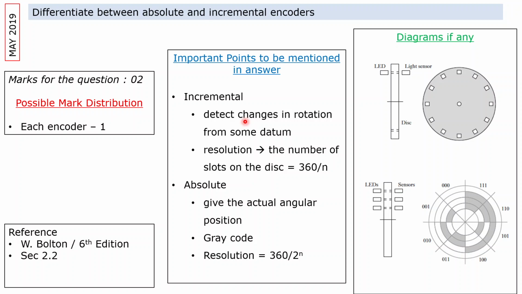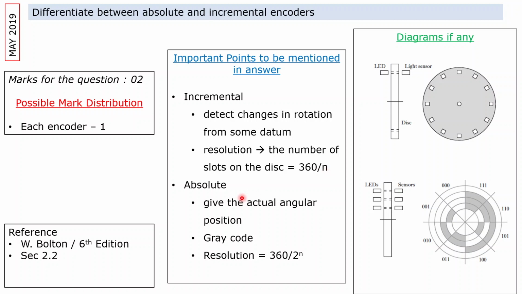You can see the incremental encoder with a series of slots, and there is a home slot near the center. That is called the datum position, and with respect to that it gives how much the wheel has rotated. The resolution is given by 360 degrees divided by the number of slots on the disk, that is 360 degrees divided by n.